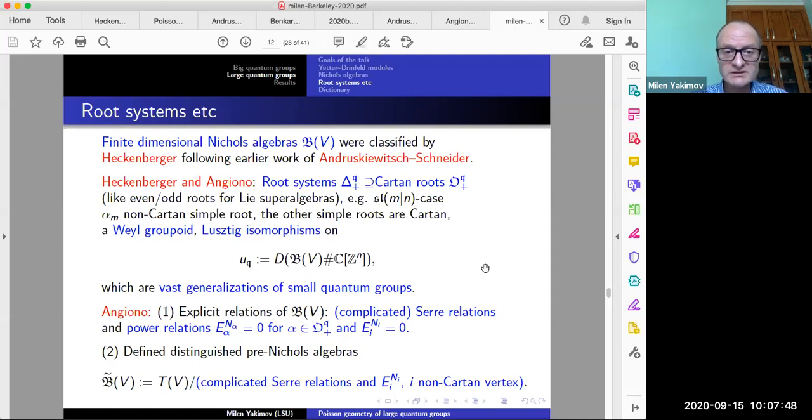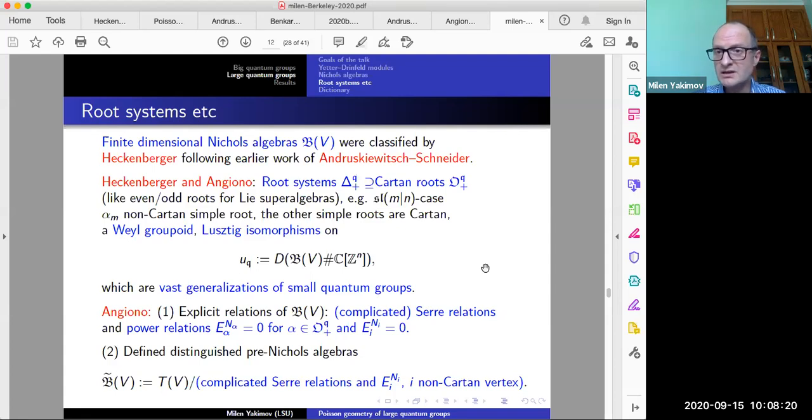They're power relations, Cartan roots raised to some power equal to 0, and another kind of power relations where non-Cartan roots or odd roots are equal to 0. So in this picture, Angiono defined this very important class of distinguished pre-Nichols algebras that are intermediate quotients of the tensor algebra, where we take away the power relations of non-Cartan roots.